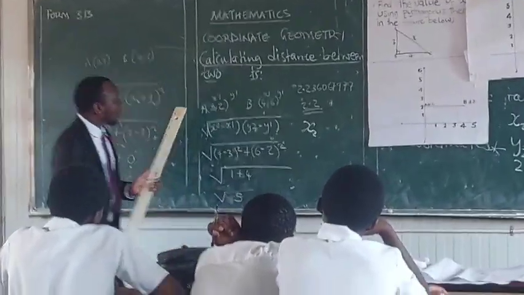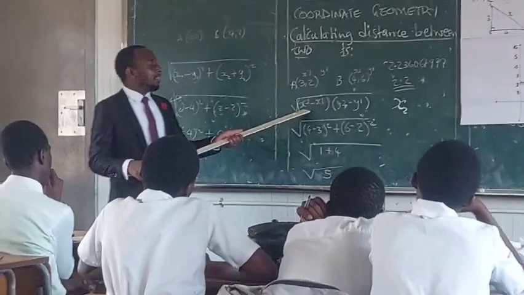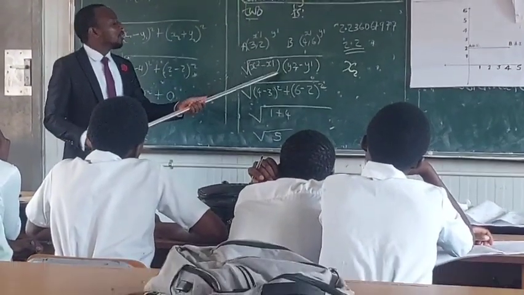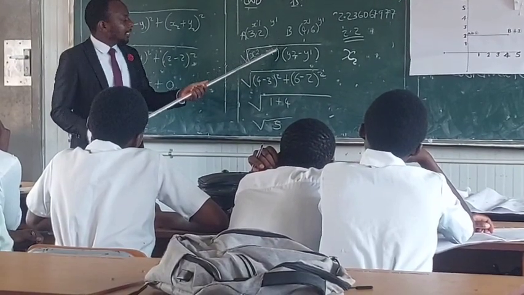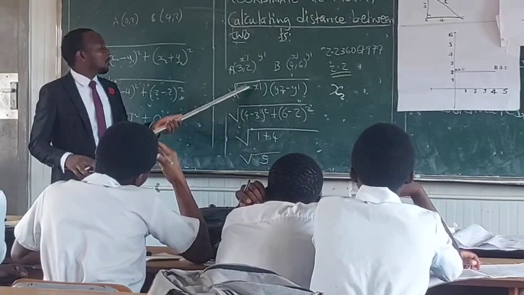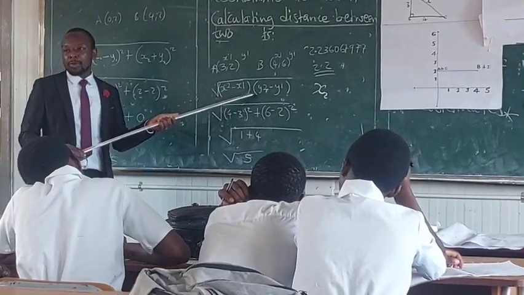The second thing, you are supposed to indicate in the formula here that after subtracting, you have to square this, just like you have indicated here. You are not supposed to indicate only here, but you also add the formula here.